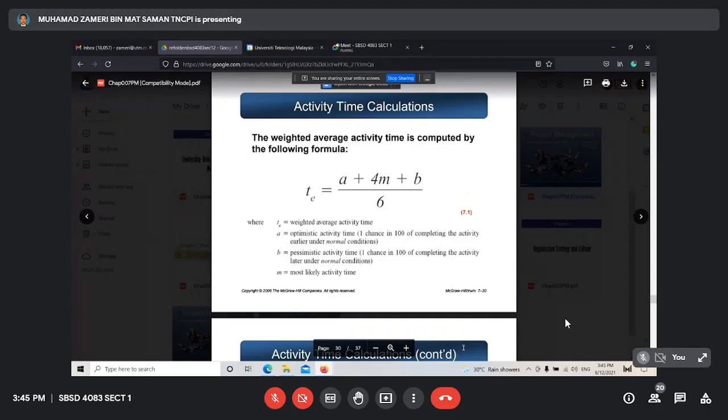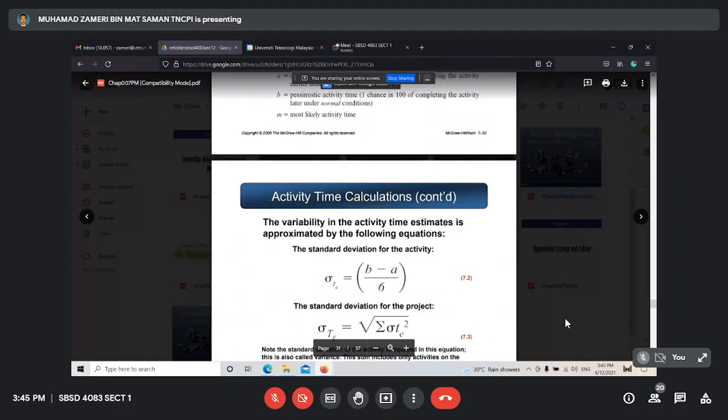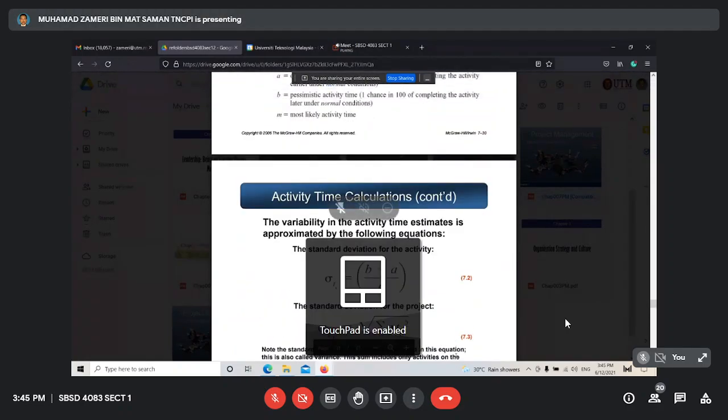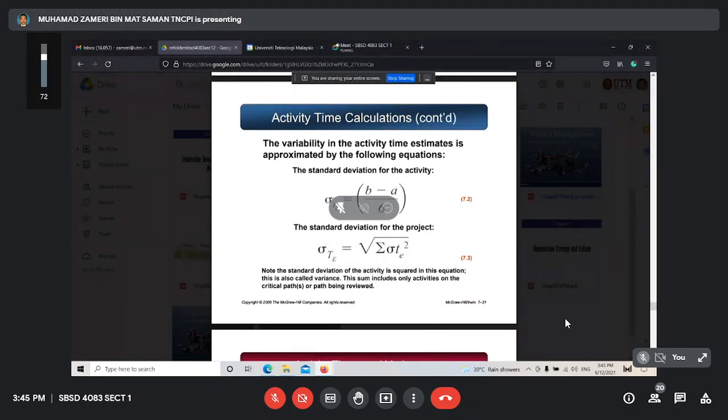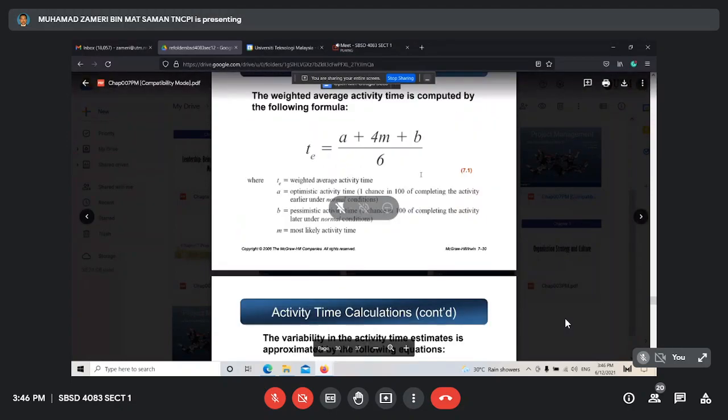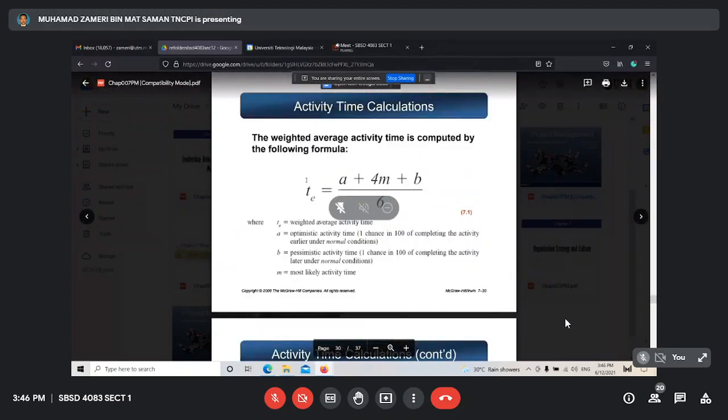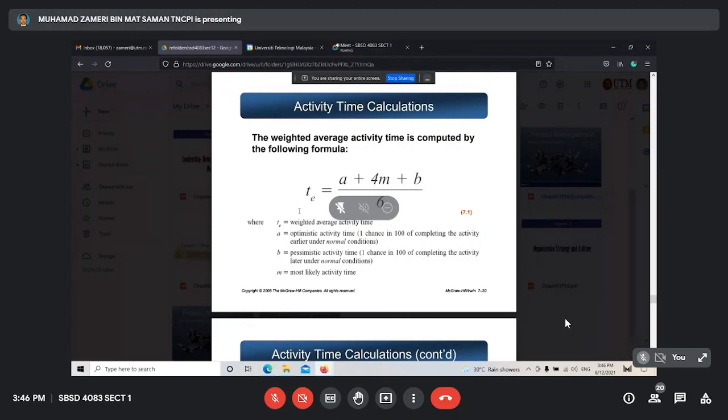And then we need to calculate the standard deviation. Standard deviation is B minus A divided by 6. We need to find the standard deviation for each activity, the same as TE, which we need to find for each activity.